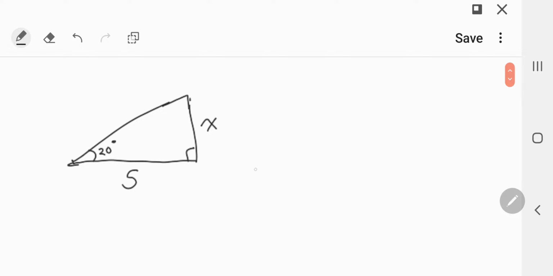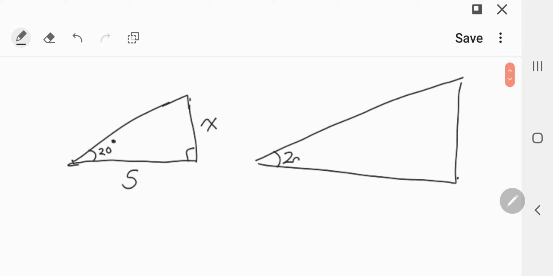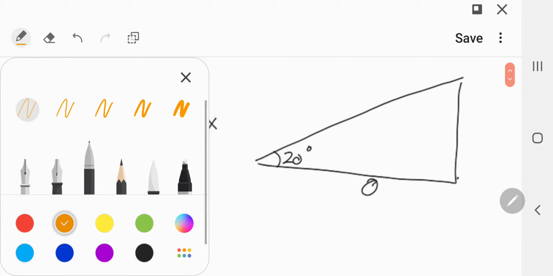Okay, well, we know that the ratios of these sides are predetermined for a 20-degree triangle. In other words, it doesn't matter how big I draw a 20-degree right triangle, this side and this, I gotta switch colors. Gotta do it orange.